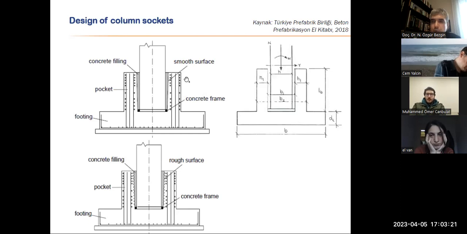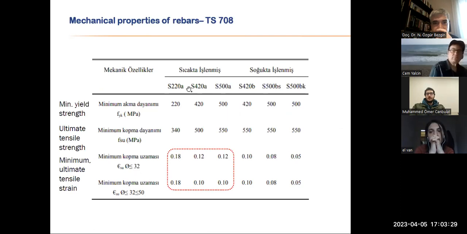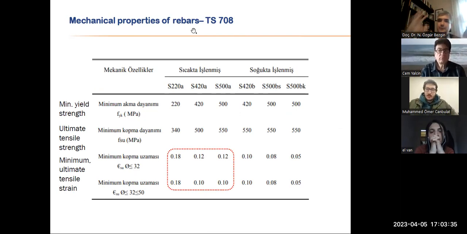Having said all this, I would like to come to a more particular detail, the concept of ductility. When we look at the tables, for example, S220 steel yields at 220, S420 yields at 420, and then it fails.